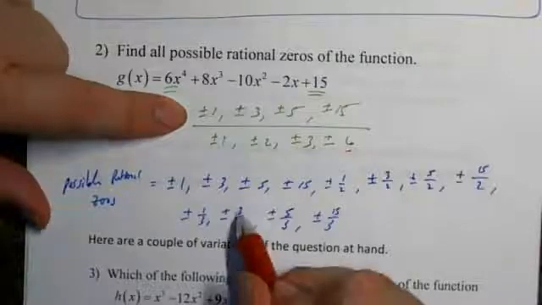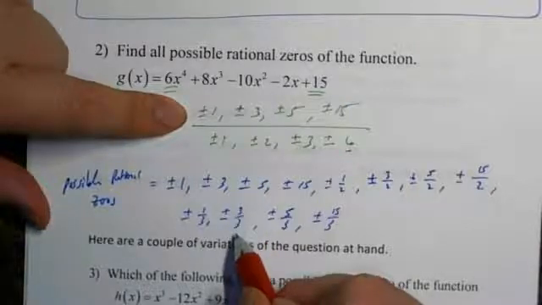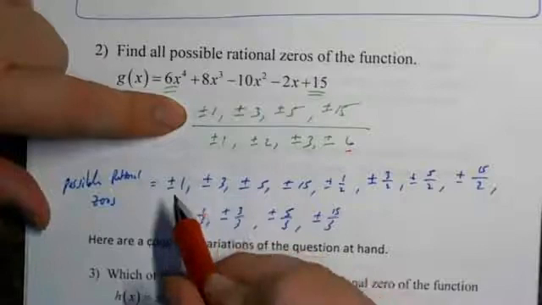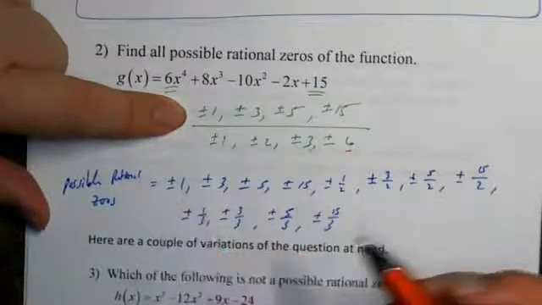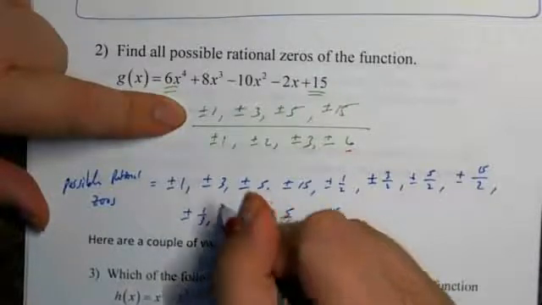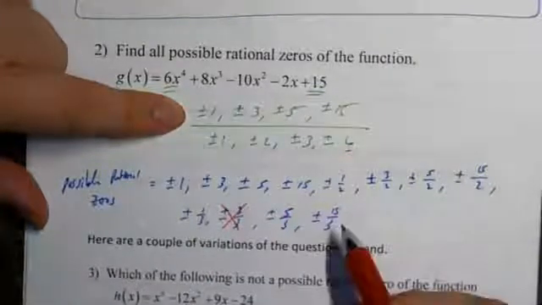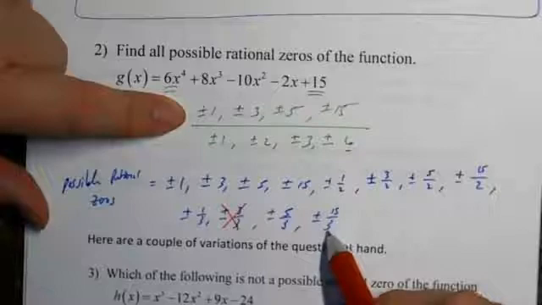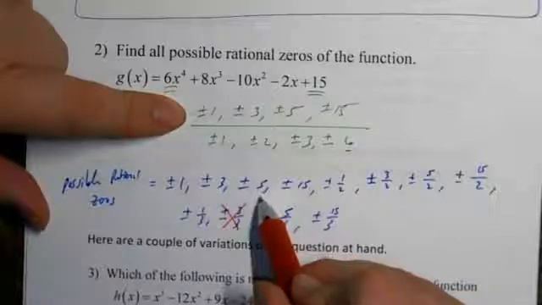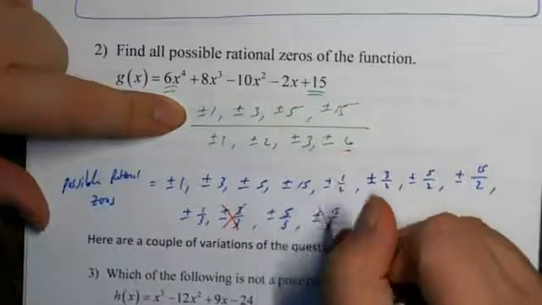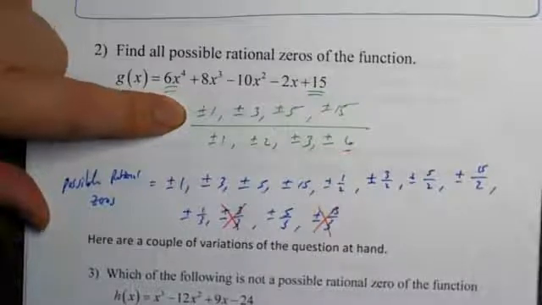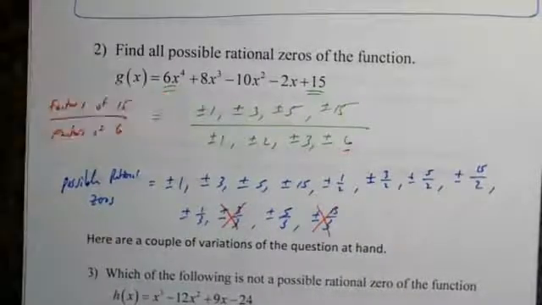Notice 3 over 3 is 1, right? And I already have 1. So since I already have 1, I don't technically need to list that. 15 over 3 is 5. I have 5 already. So if I already have 5, I don't need to list 15 over 3. So you can omit those. If something repeats, you don't need to write it again. Just leave it out.